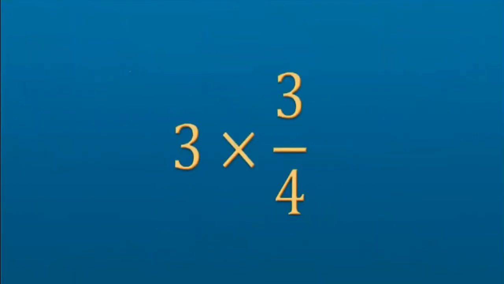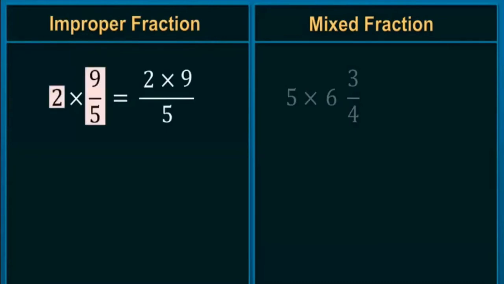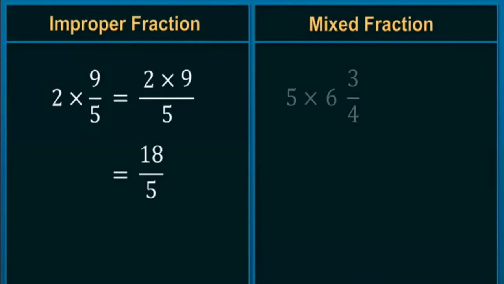You just learned how to multiply a whole number with a proper fraction. Now, if a whole number is multiplied with an improper or mixed fraction, the method of multiplying remains the same. Take a look at this example. To multiply the whole number 2 with the improper fraction 9 upon 5, we simply multiply 2 with the numerator and get the answer 18 upon 5.